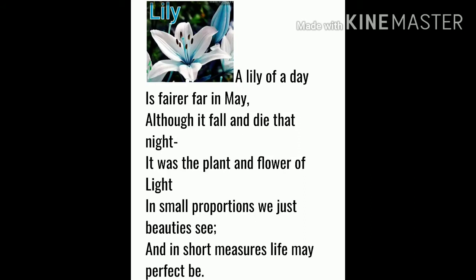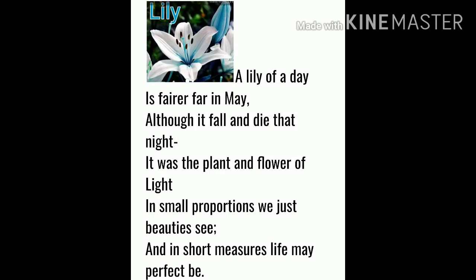Now, in these lines, the poet talks about what makes a man noble. He compares the man to a delicate lily plant. The lily plant has a short life. It blooms in May and looks very beautiful.